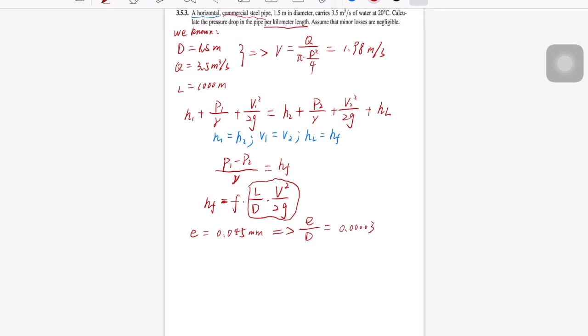And the Reynolds number equals D times V divided by the kinematic viscosity. And at the 20 degrees Celsius, the kinematic viscosity is 1 times 10 to the power of -6.